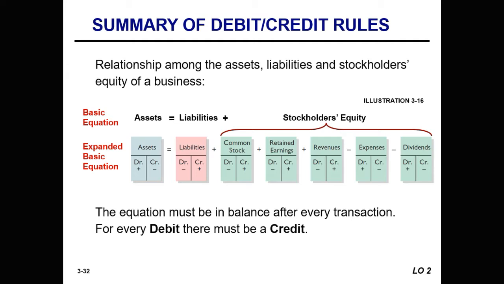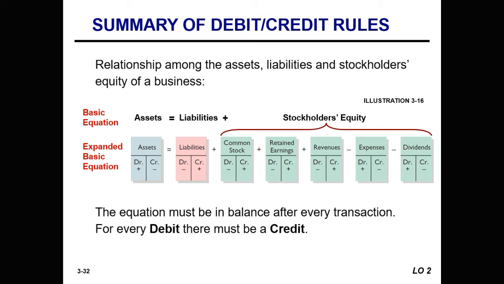You notice that the plus and minuses show you whether a debit will increase or decrease that particular type of account, depending upon what it is. The equation has to stay in balance after every transaction that occurs. So there will always be equal debits for credits.